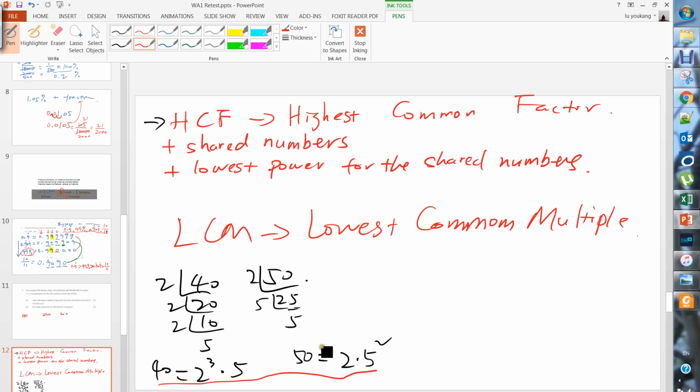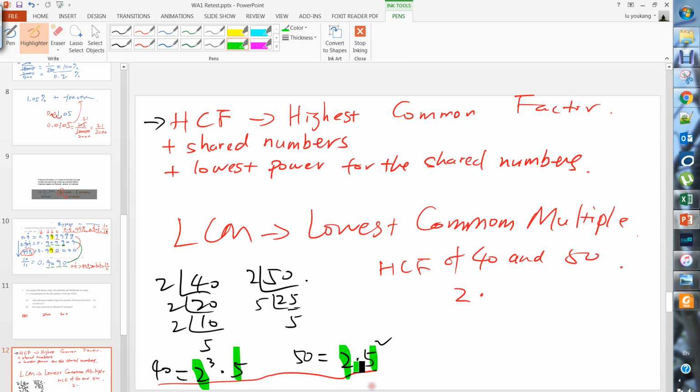So in this case, HCF of 40 and 50. Is 2 shared between these two numbers? Yes, 2 is shared, they both have 2. Do they share 5?